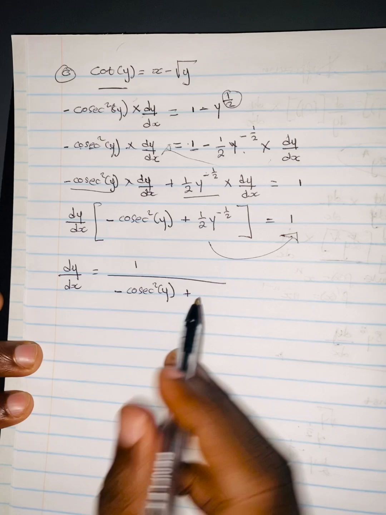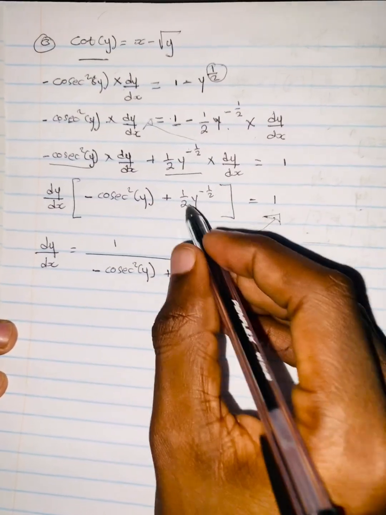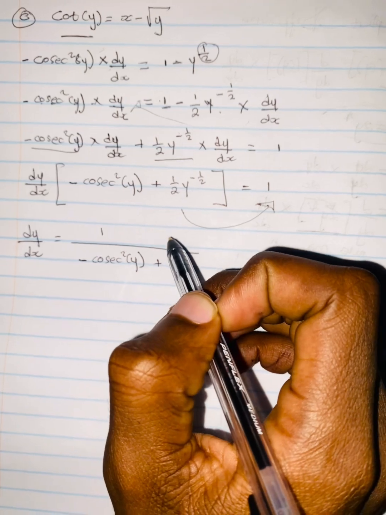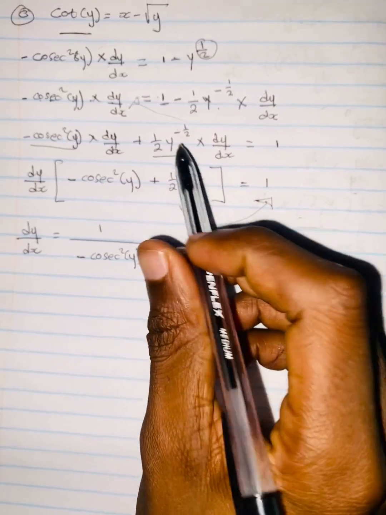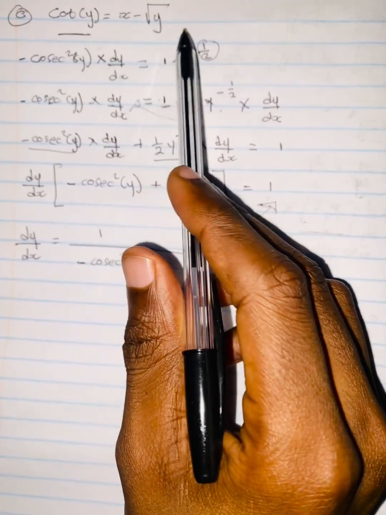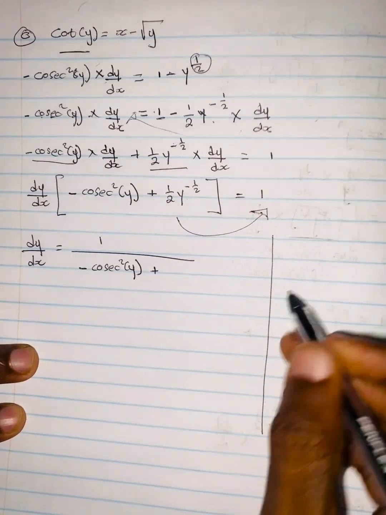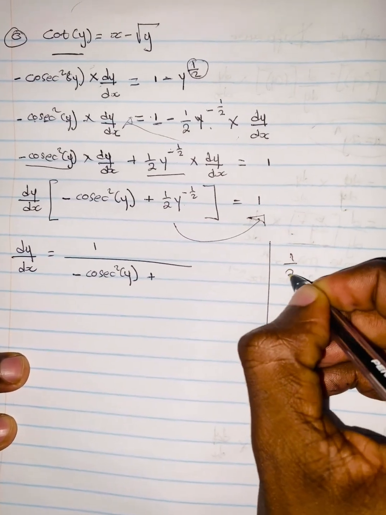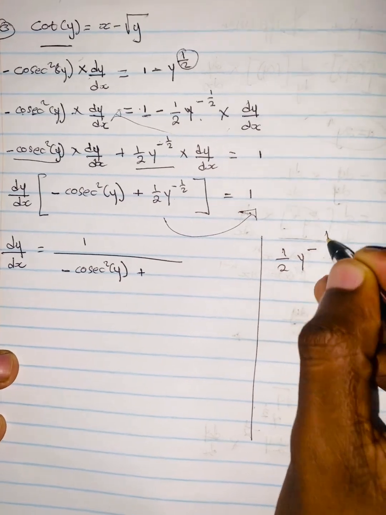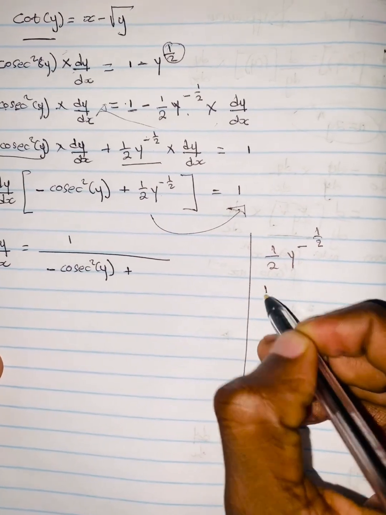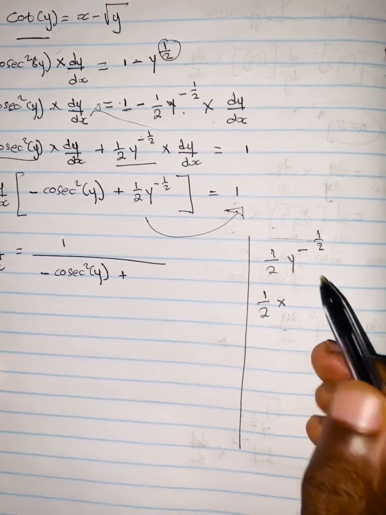Here we can return half y to the power negative half to its original form. In this way, we know half y to the power negative half. To return it to its original form, it will be half multiply 1.